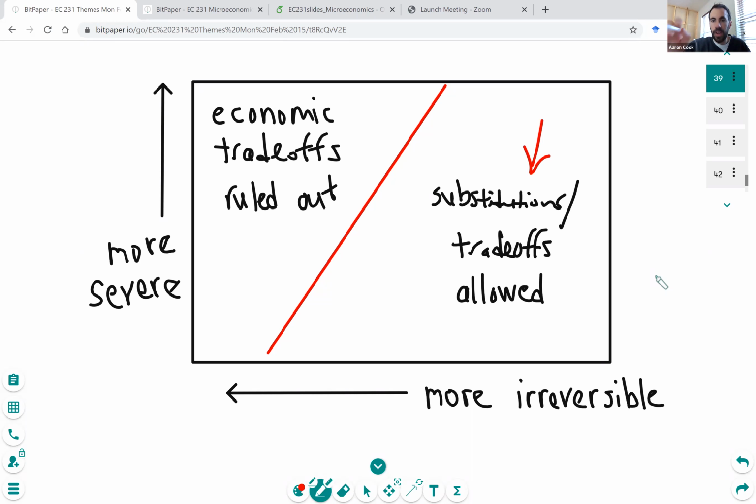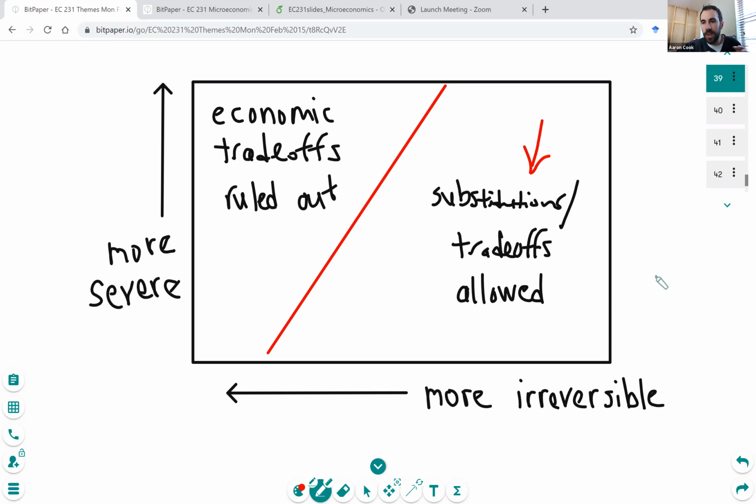So that's this region here, to the right and below this red line. In terms of irreversibility and severity, we are going to let man-made capital substitute for natural capital. But everything to the left and above this red line, we're going to completely rule out making economic trade-offs.